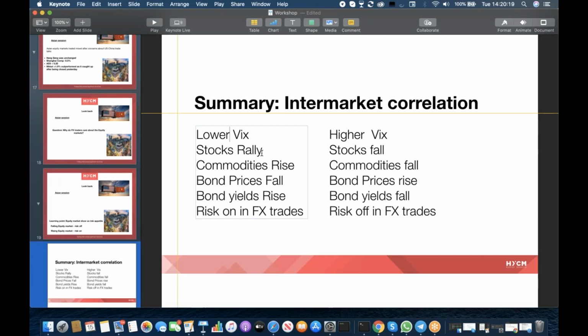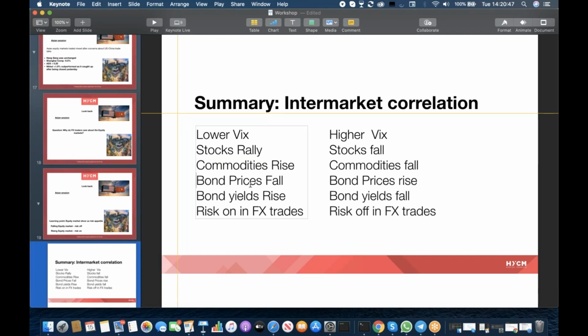So when you've got a lower volatility index, stocks tend to rally and commodities tend to rise, particularly commodities involved in construction and growth, like oil, copper and iron ore. Those are key commodities that rise when optimism is high, and bond prices will fall.